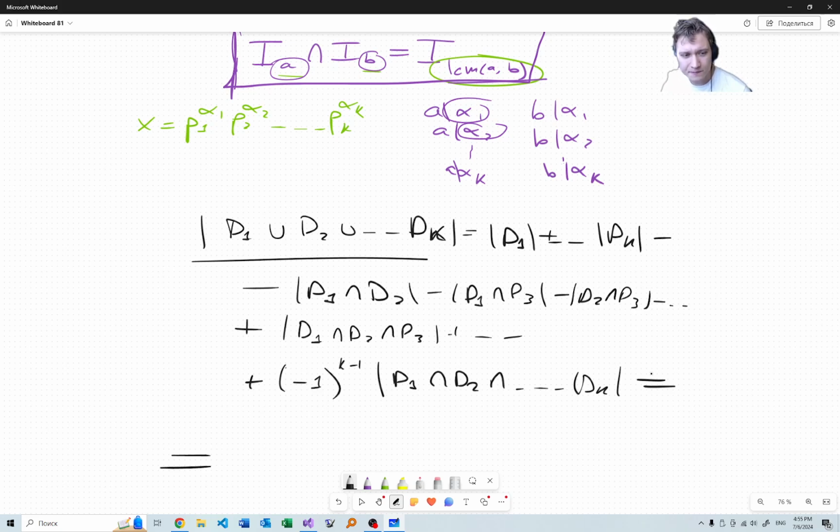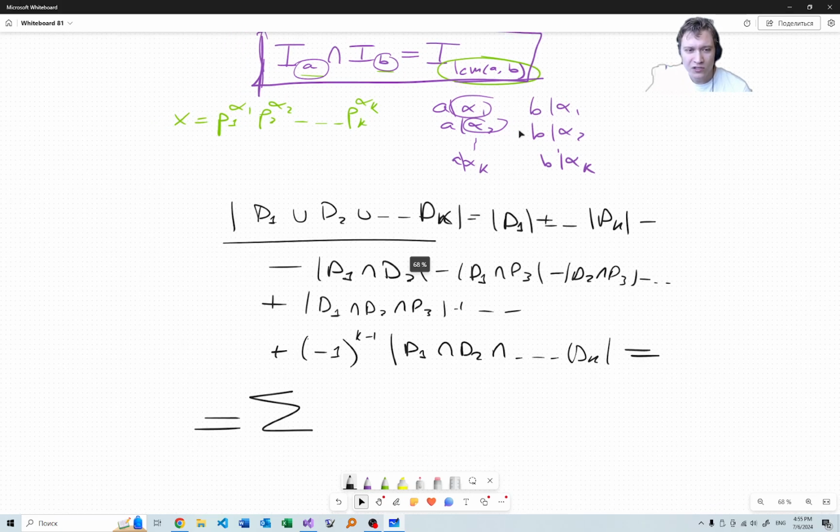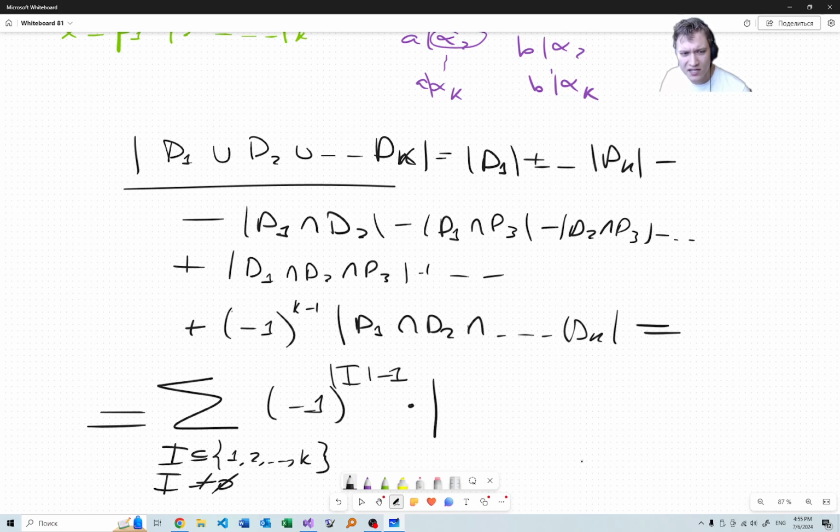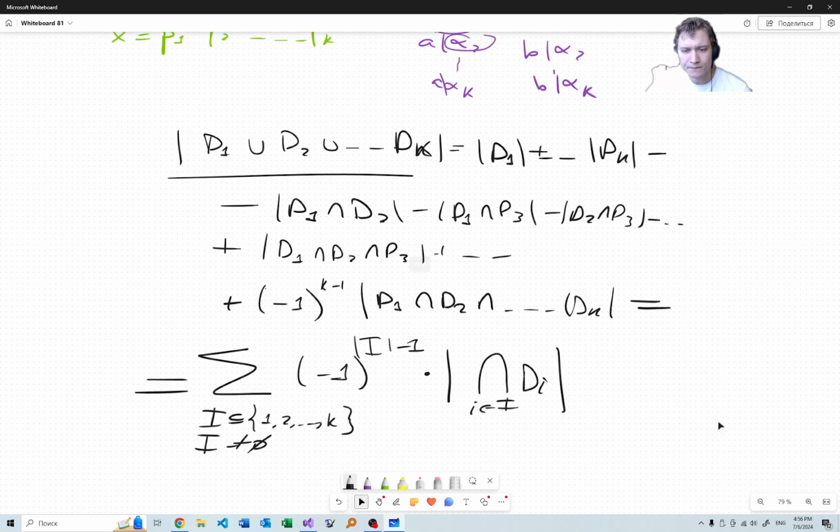We take the sum over all non-empty subsets of indices I, then you take -1 to the power of the size of I minus 1 and multiply it by the size of the intersection of the Ci's where i is from I. Something like this. So this is in compact form.